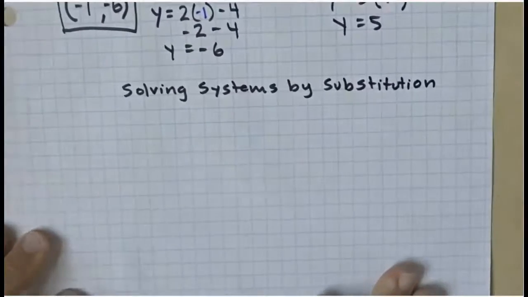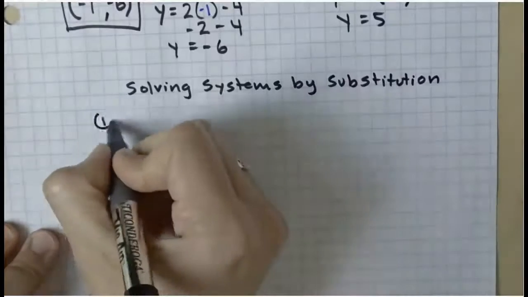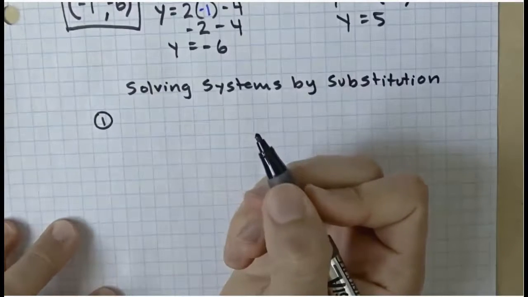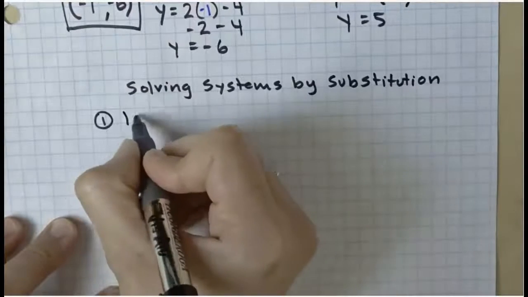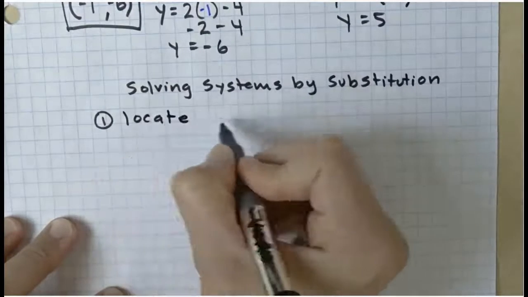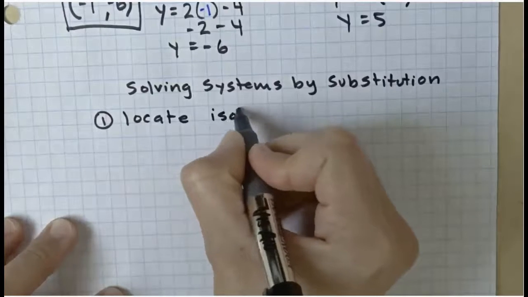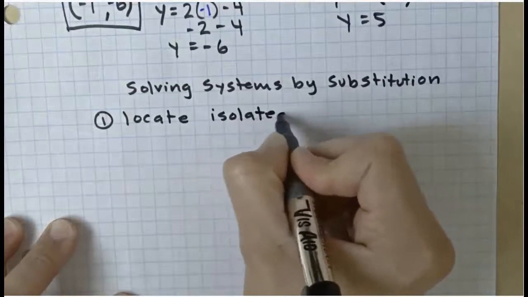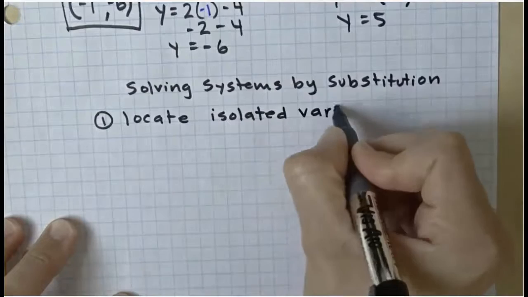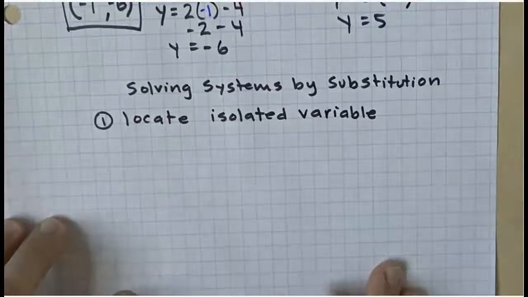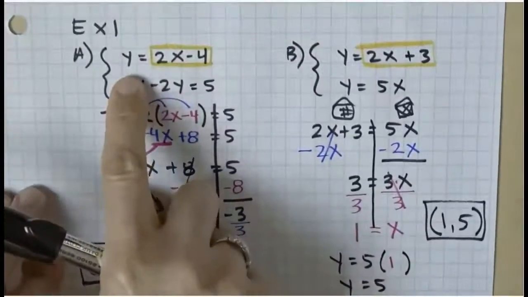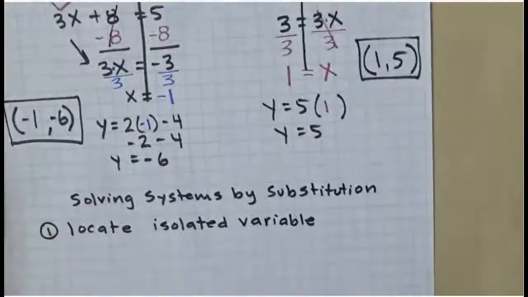If we just want to narrow down what the process was, first thing we did was we located an isolated variable. The reason we located an isolated variable is because we wanted to find the nickname.